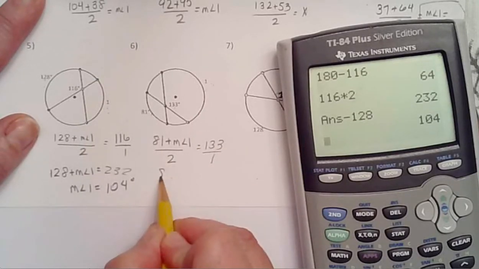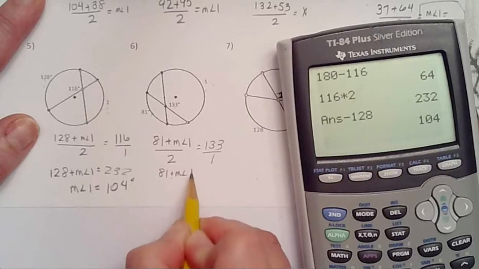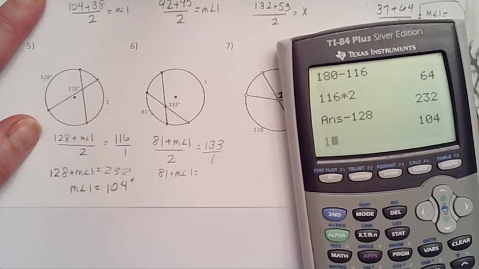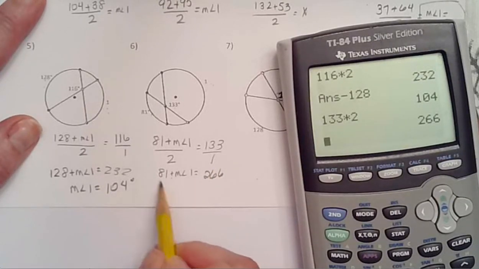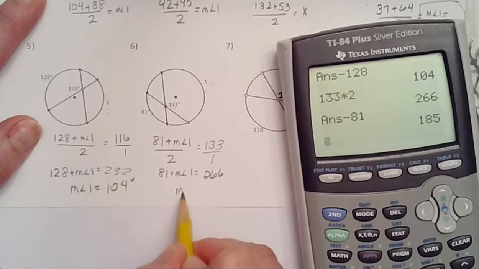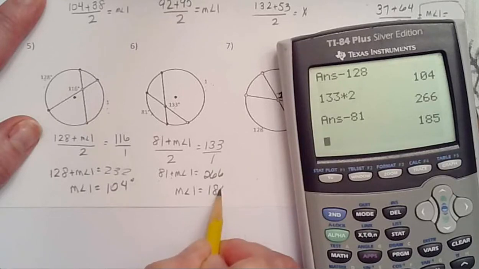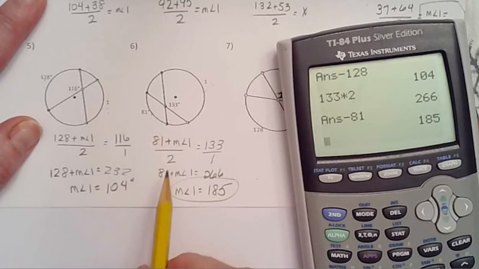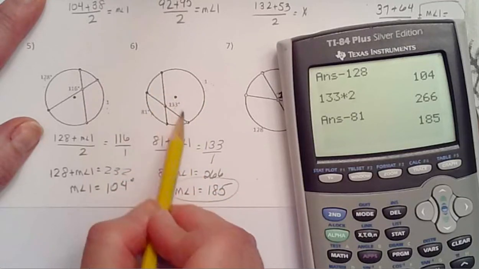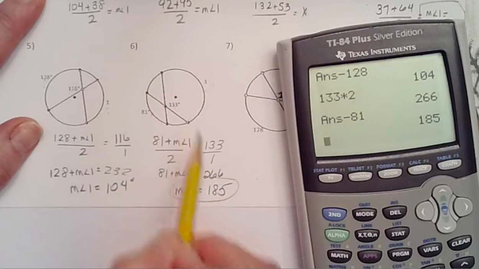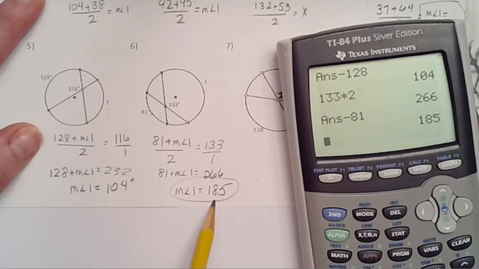Proportion, 81 plus measure of angle 1 is equal to, so now I have to do 133 times 2, 266, minus 81, and the measure of angle 1 is equal to 185. Yeah, it kind of looks like a semicircle. It's actually just a little bit more than a semicircle, so this picture is kind of drawn to scale.